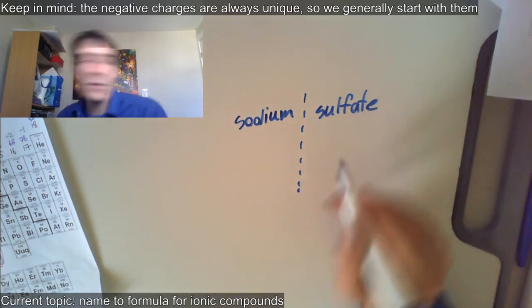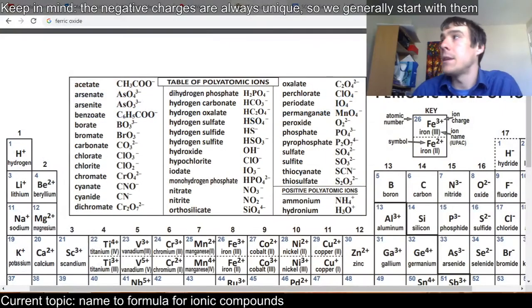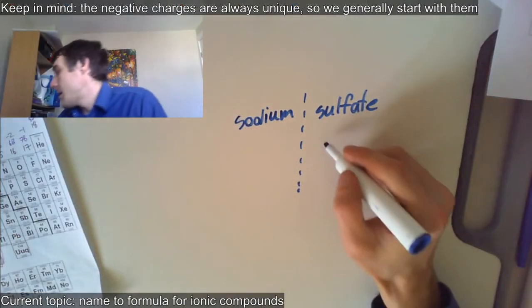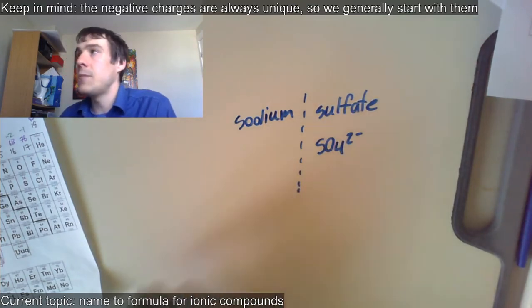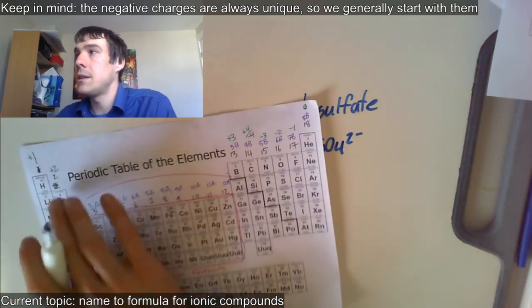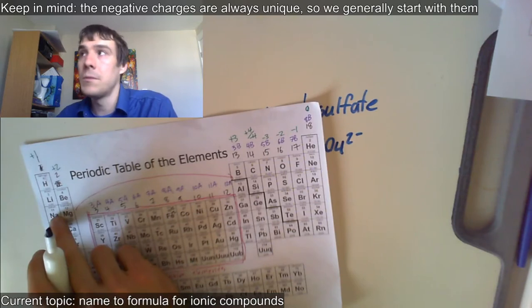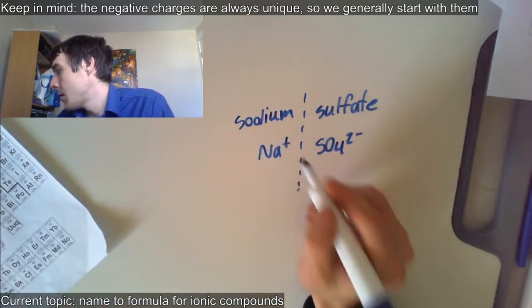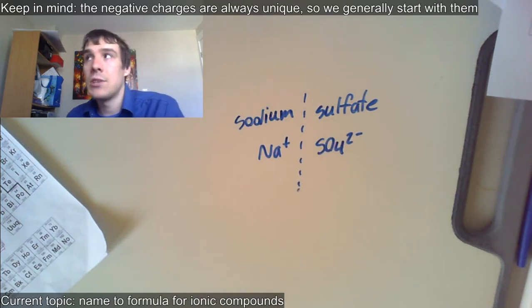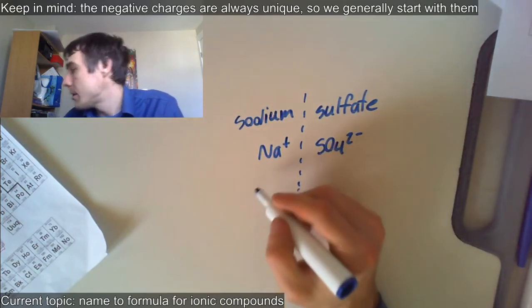So sulfate, we just have to look at our table. We find sulfate here, SO4 2 minus, that's a sulfate. Sodium, we have to predict the ion, so we look at our table. Here's sodium over here. Group 1, charge of 1 plus, Na plus. And now we have to match up our charges to make sure that the ions are correct.